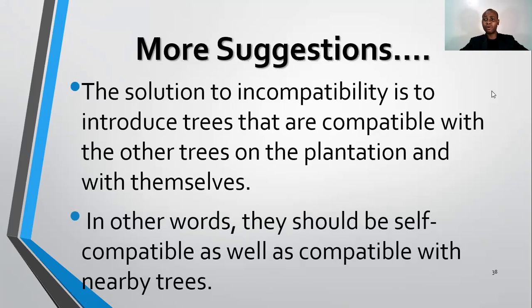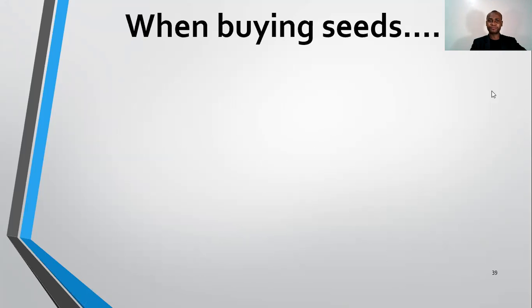If you are going to buy cacao seedlings, you need to ask them where they got the seeds from. What's the variety? Do they have compatibility problems? Anything you have to ask. Very important.